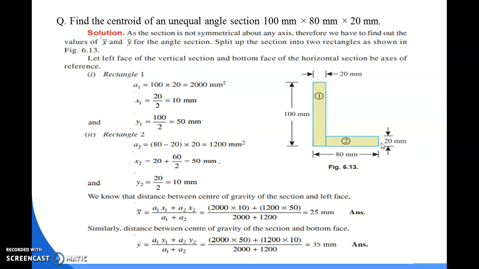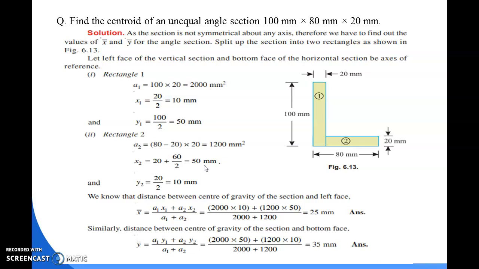And as per the x-axis, the center of gravity of section 2 is equal to 20 plus 60 by 2, which is equal to 50 mm, because we have to calculate x1, y1, x2 and y2 with respect to the reference axis.